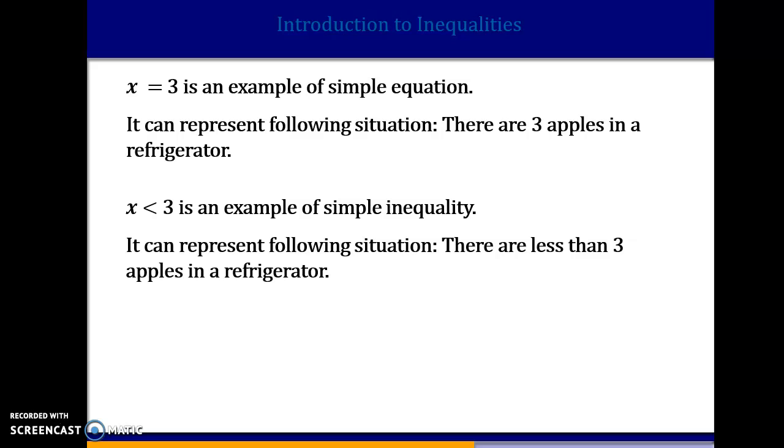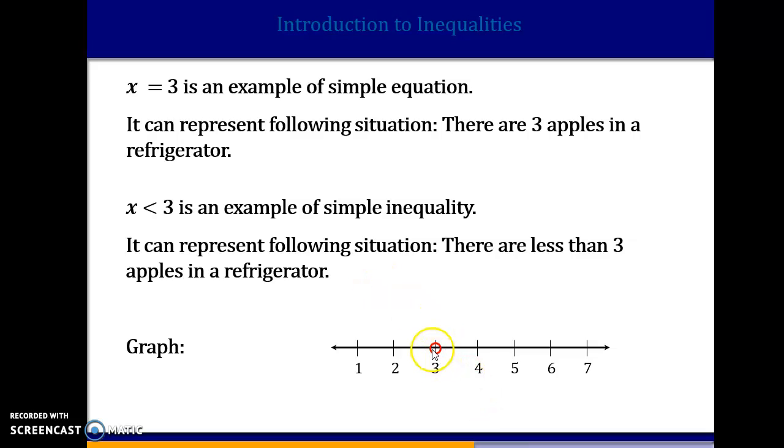Now, we could also represent this graphically or visually. So how do we graph that? On a number line, we put some numbers, and 3 has to be there because 3 is that limit. I have less than 3, and I put a few numbers smaller than 3, a few numbers bigger than 3, and then look what I put. I put an open dot.